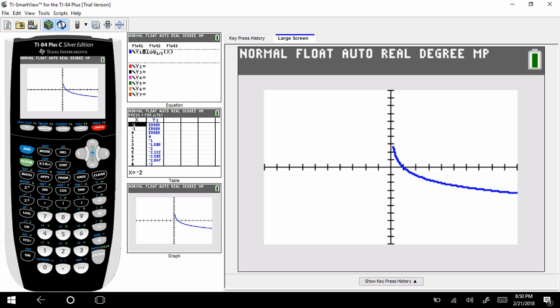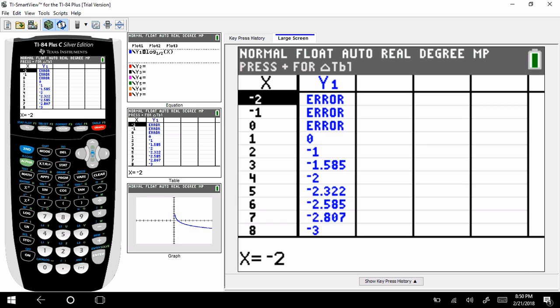Okay, so this time notice our shape is slightly different. It's just going this way instead of down and this way. And if I look at my table, I can get a couple points to graph. So notice the first error happens where I have 1, 0 here, and then at 0, x equals 0 is where I get an error for y.